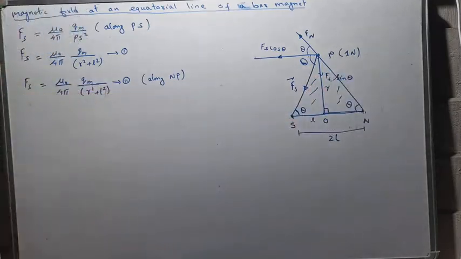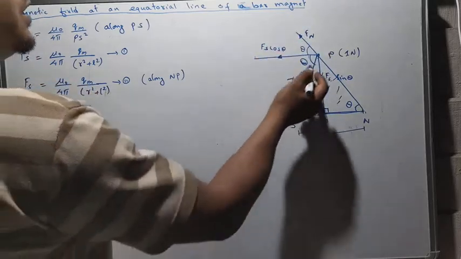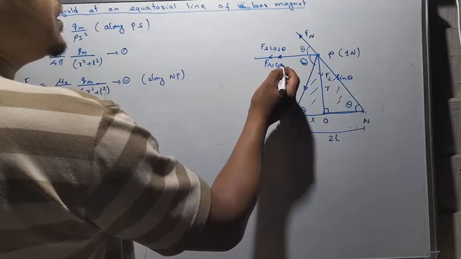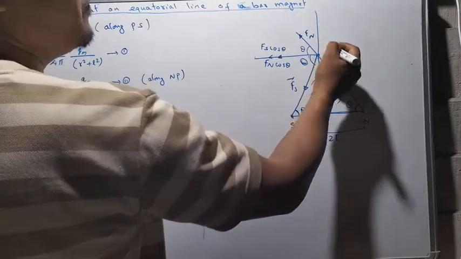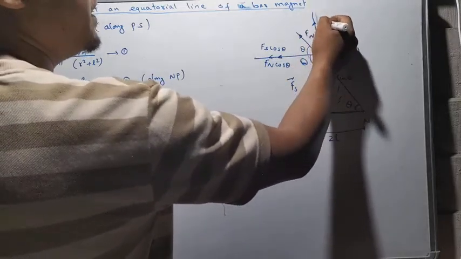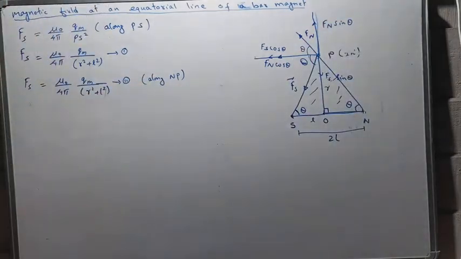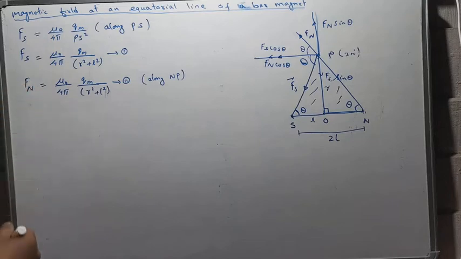Similarly, when you resolve this Fn into two rectangular components, you will get Fn cos theta along this direction, and in the vertical direction you will get Fn sine theta. Sorry, I made a mistake, this is not Fs, this is Fn.